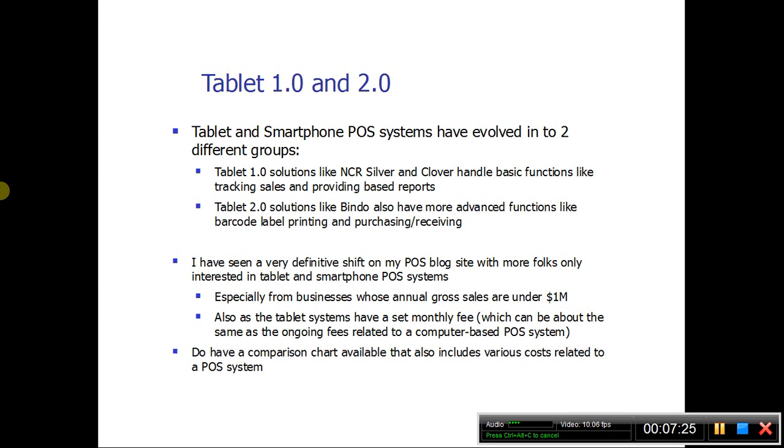To give you some rules of thumb, if your business is only doing about 60,000 or less in gross annual sales, then from a cost and return on investment standpoint, a cash register or maybe something basic like Square is your best solution. If you're in that 60,000 in gross annual sales all the way up to about 1 million in gross annual sales, then that's the sweet spot for a tablet or a mobile point of sale solution.